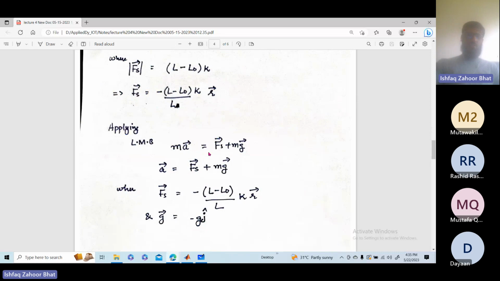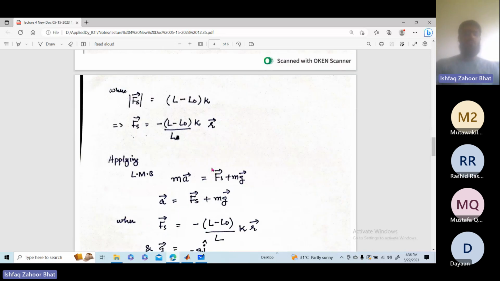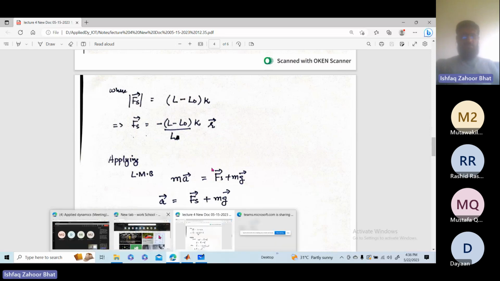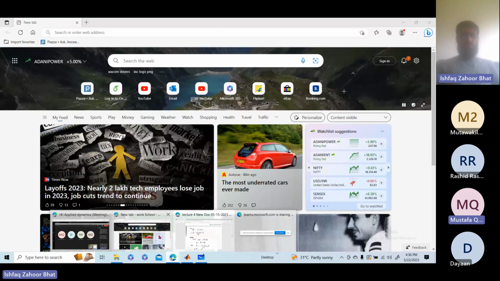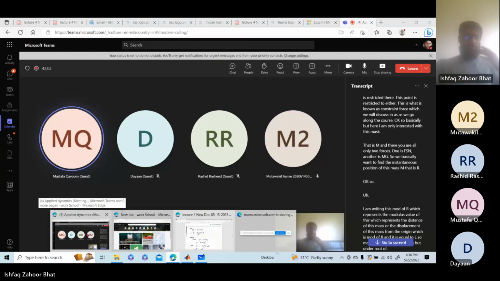What I know in general is that mass times the acceleration is Fs plus mg, and I also don't know the direction of Fs and g. These directions will be determined by the equations. So I will put these things in, and they will automatically generate the direction and the magnitude of Fs. Is it clear, or do you need more clarification here? Okay, sir. Thank you.